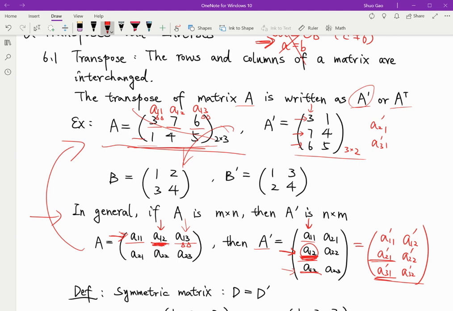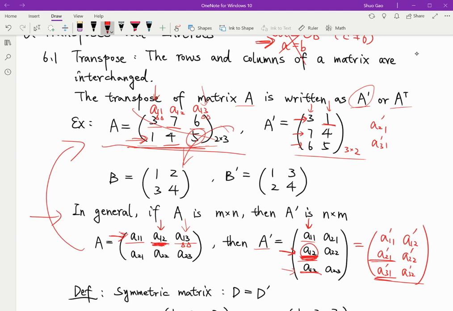And again, for the second row and the first column, the number 1 here becomes the first row and the second column, right? And number 4, in the second row and the second column, when we transpose that, stays in the second row, second column. The position doesn't change. And the 5 here is in the second row, third column.